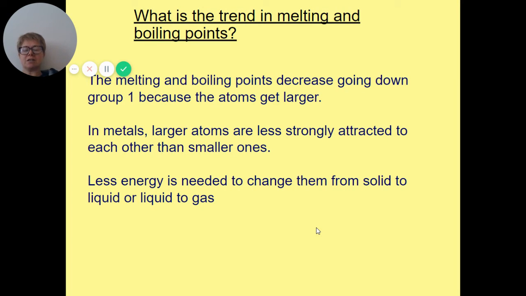Well, in large atoms, the forces of attraction between the atoms are actually less strong. So it's easier to melt or boil metals with larger atoms. We don't need as much energy, and therefore the melting points and boiling points are lower.